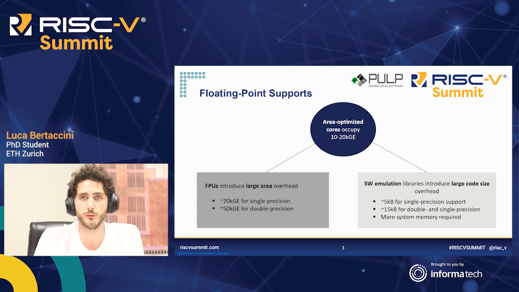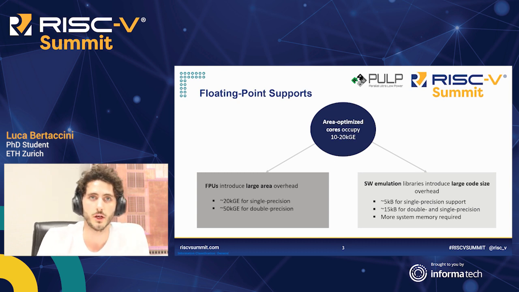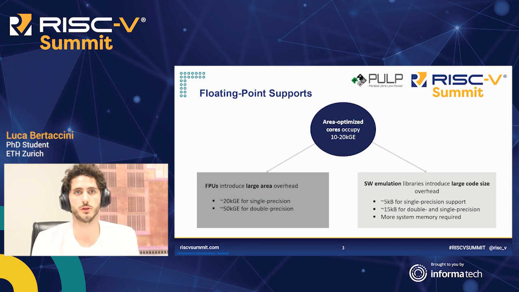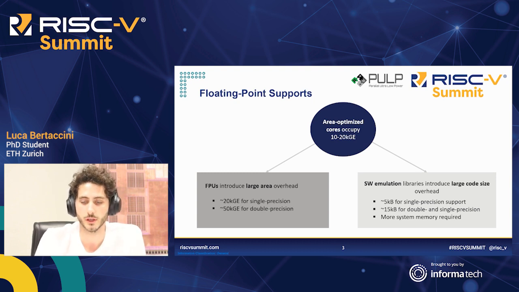If we decide to go for software emulation instead, we have a large code size overhead, because full software emulation libraries occupy around 5 kilobytes for single precision support and around 15 kilobytes for double and single precision support. So this would also require more system memory and still has an impact on the area.